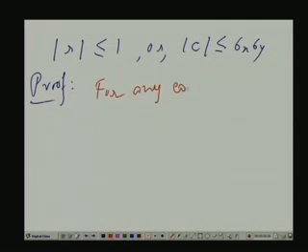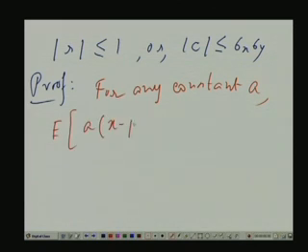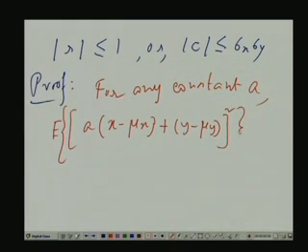For any constant, any real number A, I take the expected value of the square of A times (x minus mu x) plus (y minus mu y). This is the expected value of the square of a random variable.